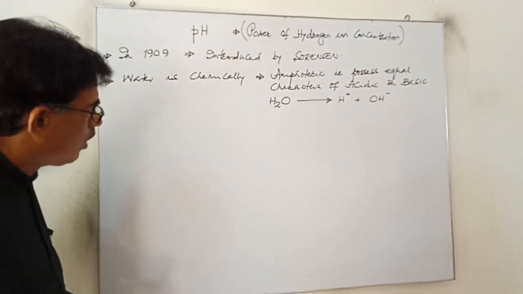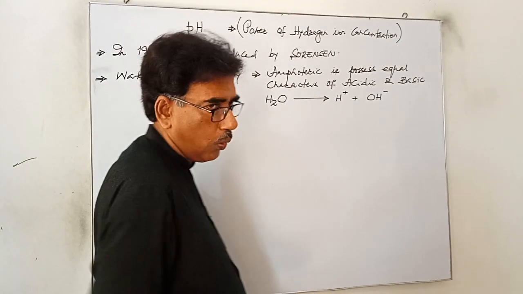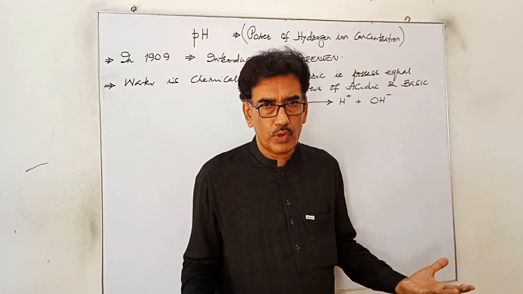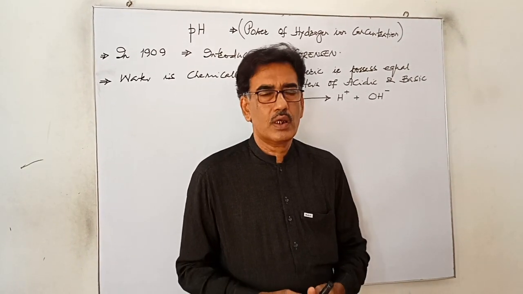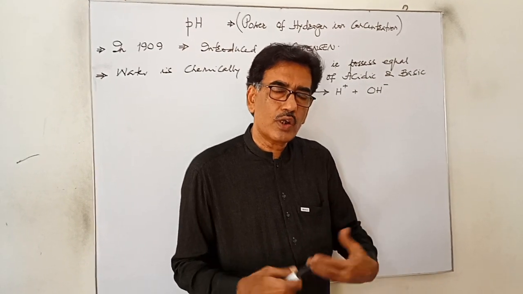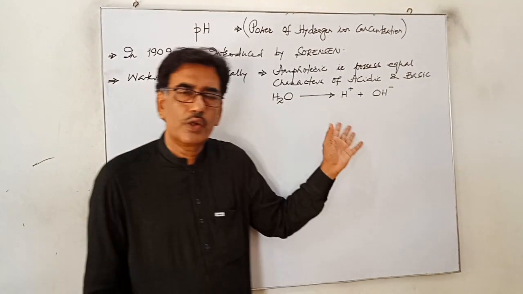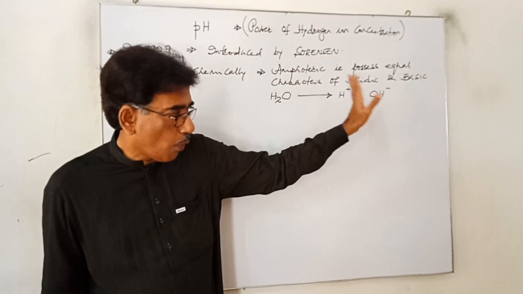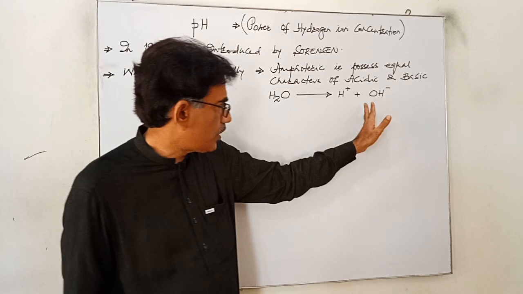As you know, water as a whole is a compound, its molecule is neutral. As earlier we discussed, molecules are always neutral, but during chemical activity it can act with both acidic and basic character.